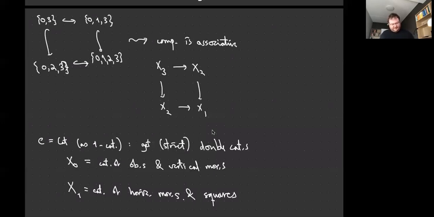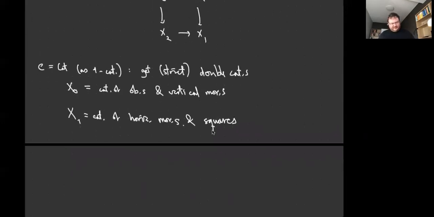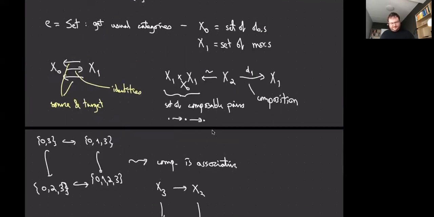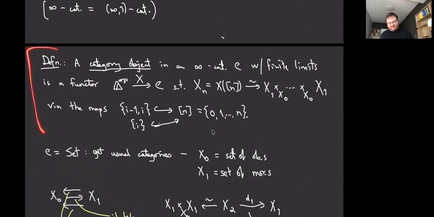But if I think of Cat, well, there's a 2-1 category of categories, where I take categories, functors, and natural isomorphisms. And if I view that as an infinity category, and consider this definition of a category object there, that amounts to saying that instead of asking this to be an isomorphism of categories, I'm asking for it to be an equivalence of categories.